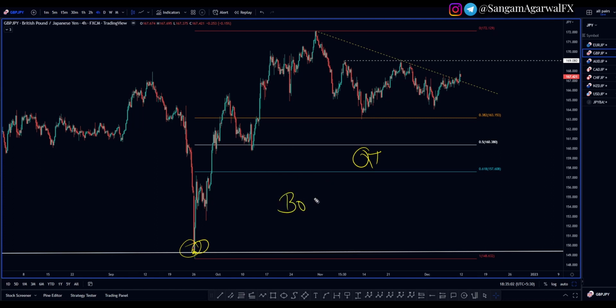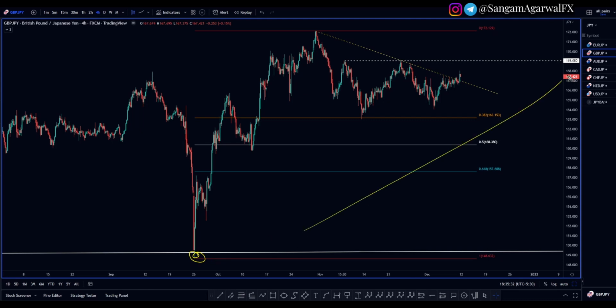Their central bank changed their monetary policy from QT to QE, and that was really the end of Fed QT monetary policy, because the dollar top and gold bottom, all of these things happened at the same time. So this low on the GBPJPY pair is important.